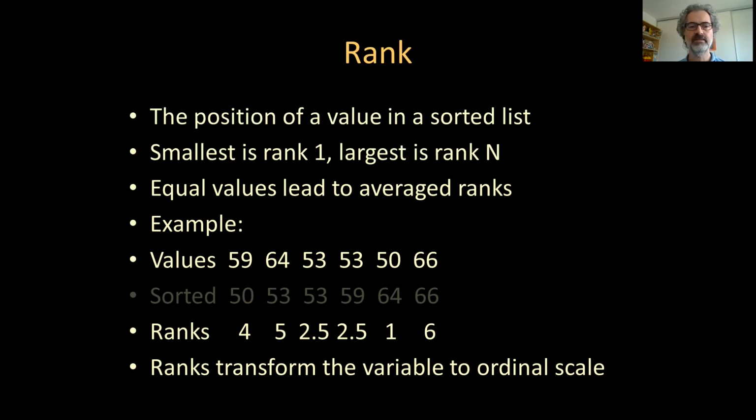So the relative distances of these values are irrelevant, and they become treated as an ordinal scale measurement by this rank transformation. This ignores any distortions that may have been introduced in the data by outliers, and it also ignores any deviations from any distribution such as the normal distribution. These issues are no longer relevant.